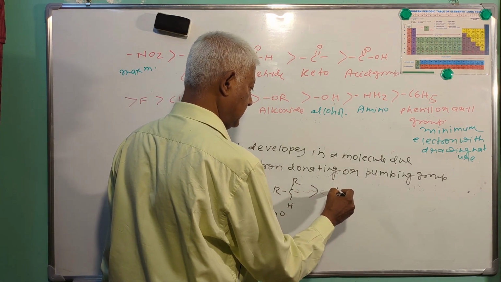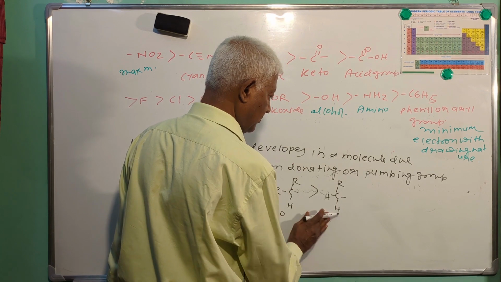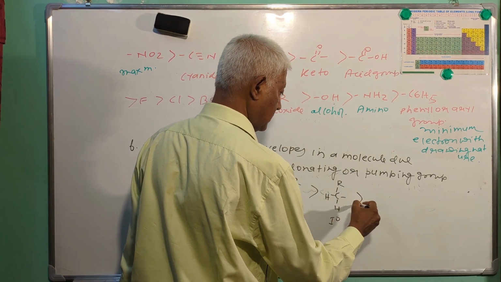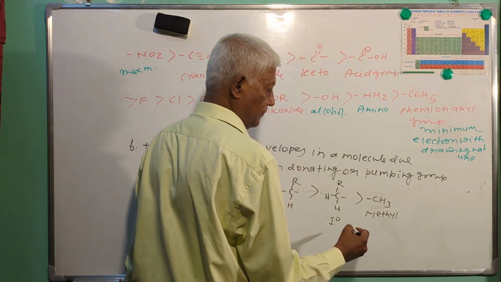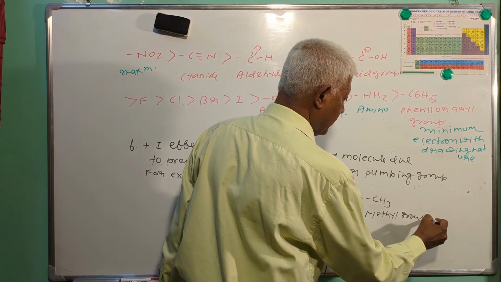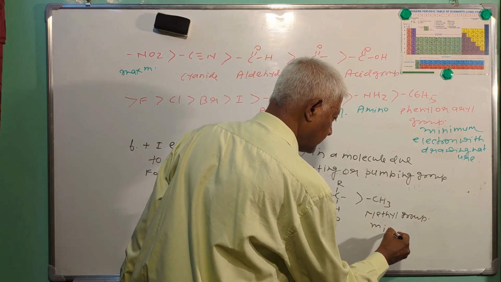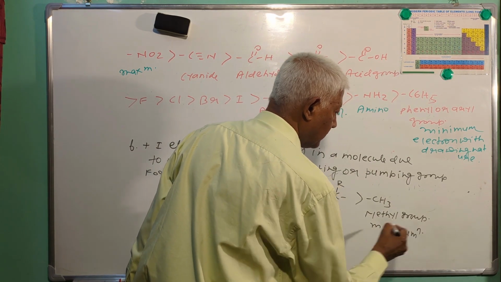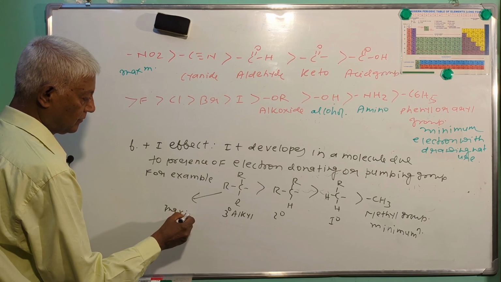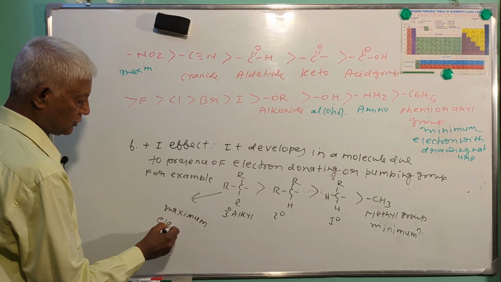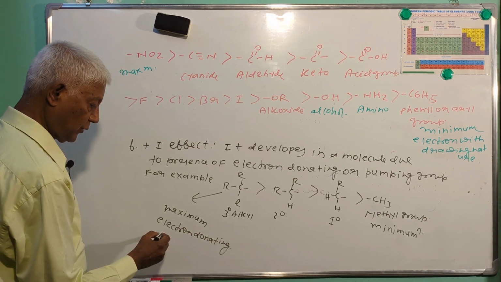Likewise, R-CH2, that is a primary alkyl group. Finally, the methyl group has the minimum electron donating properties, while the tertiary alkyl group has the maximum electron donating properties.